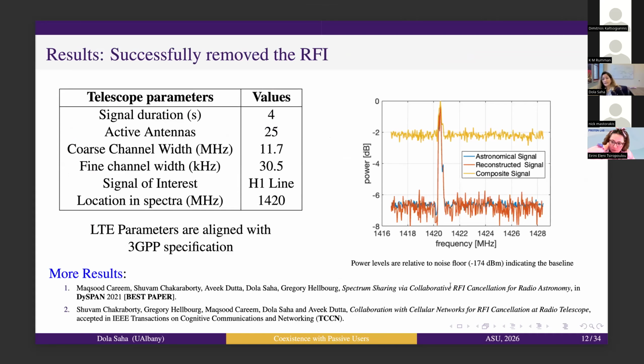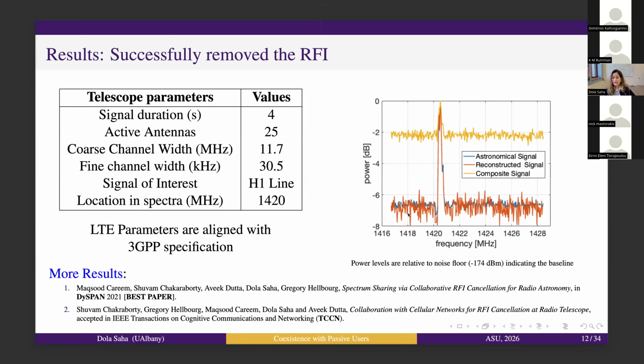This is the one figure that shows what we have done. And there are more figures in other papers, but essentially the composite signal looks like this, which is the yellow line, where you can see that there is a tiny peak over here, but this is not enough to detect an H1 line, because there is a recommendation from the ITU that the noise floor has to be below a certain level.